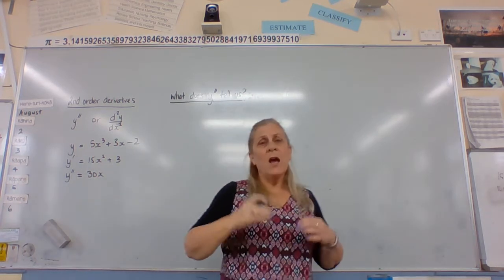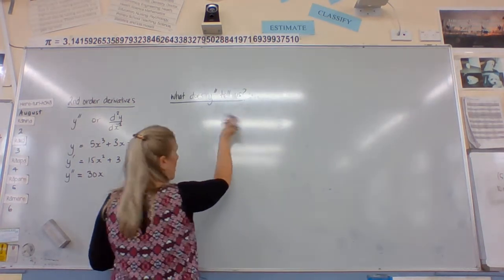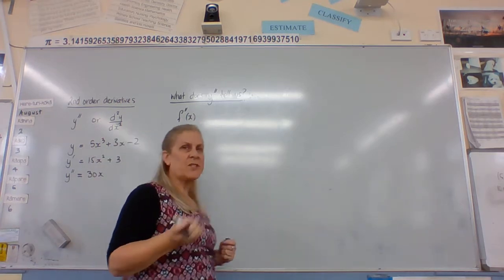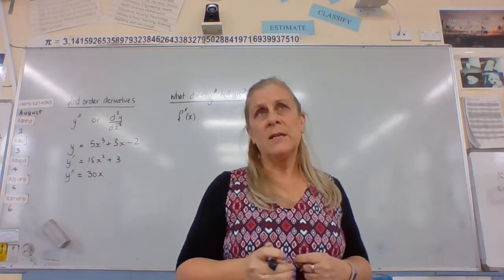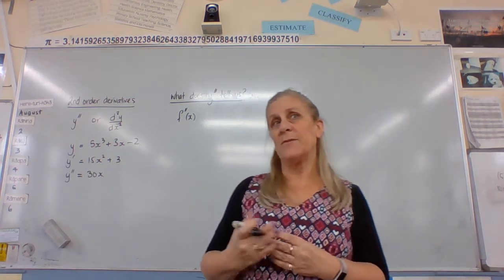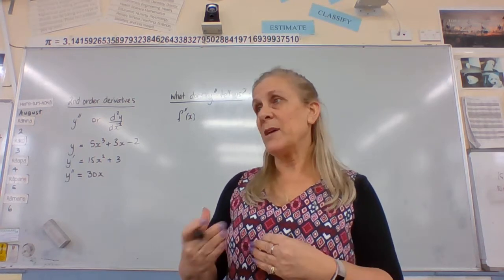so if we've differentiated, let's say we've got y double dash, I'm going to go to f double dash of x because I want to substitute for x. So if I substitute for x and I get a negative, this is giving me a certain amount of information.